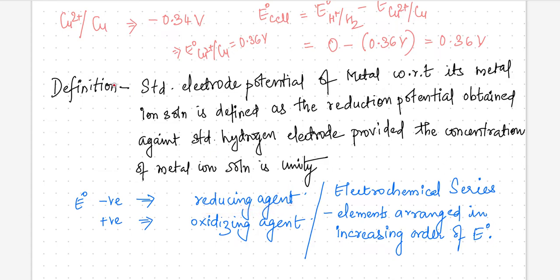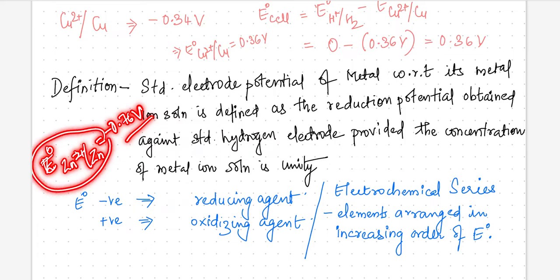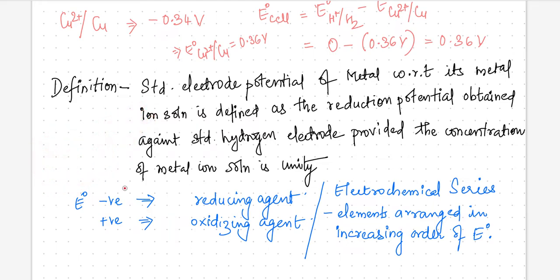For example, in the example that we just discussed, the E naught value for the zinc 2 plus zinc system was basically minus 0.76 volt. So this means this electrode, this system, is a good reducing agent.